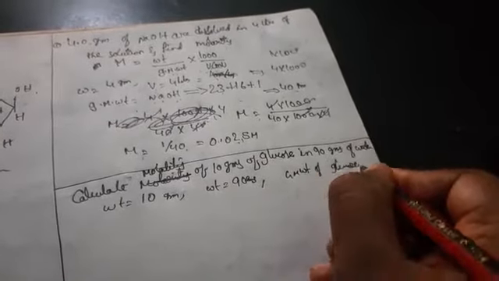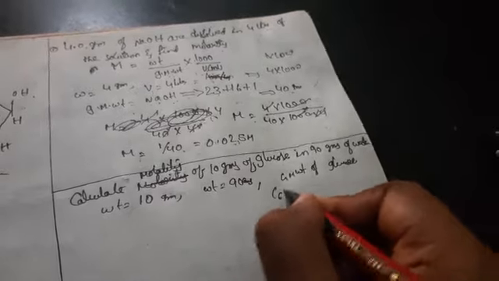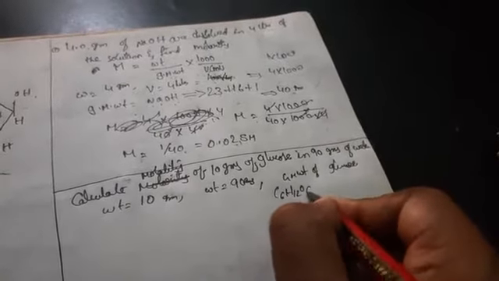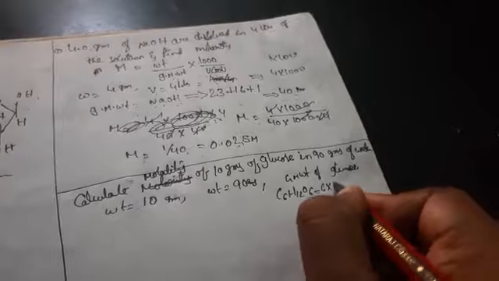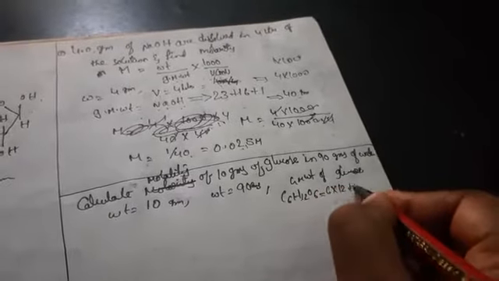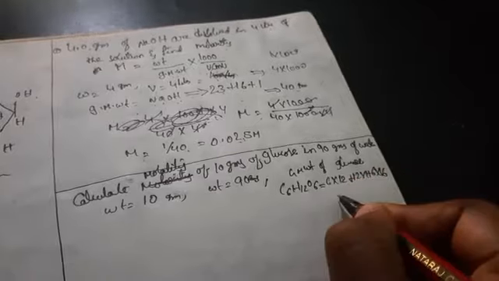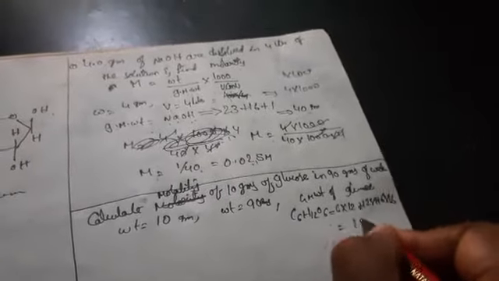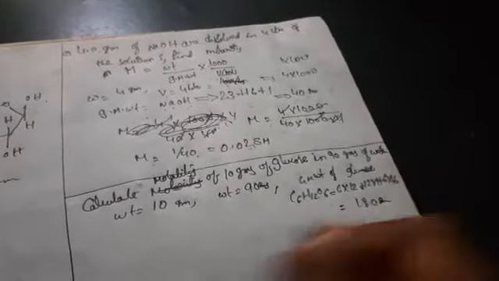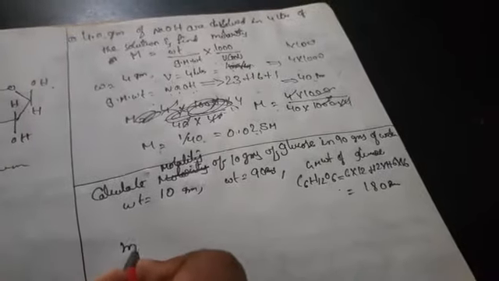What is the glucose formula? C6H12O6. So 6 into 12 plus 12 into 1 plus 6 into 16. When you combine these all, you will get 180 grams. Then what is the formula of molality?